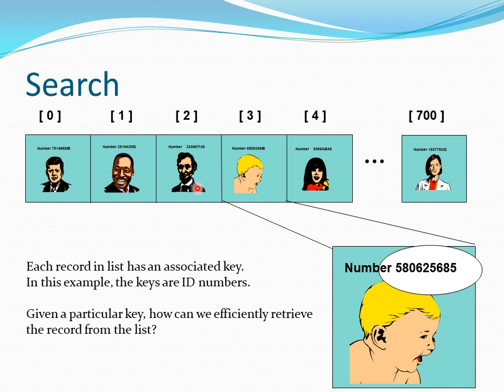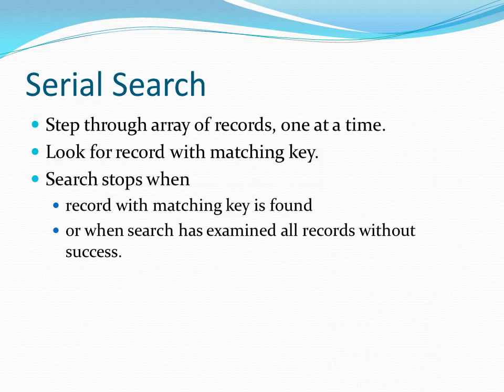Here each record is associated with a key value. Using the key value, you are accessing the record. Serial search means sequential search, searching records one at a time.